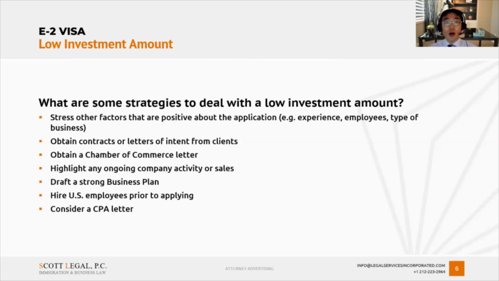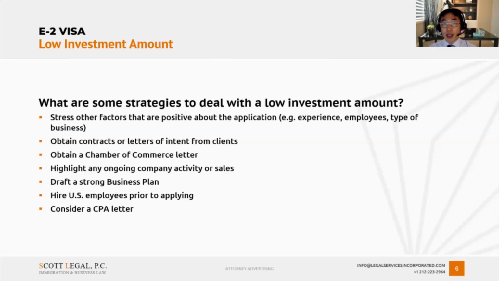As you may know, a business plan is one of the required documents. A strong plan shows your marketing, competitive strategies, projected revenues, and how many employees you plan to hire over the next 5 years. That's why when our firm prepares one, it is usually more than 30 pages, and it is designed to strengthen your case and meet the officer's standard.